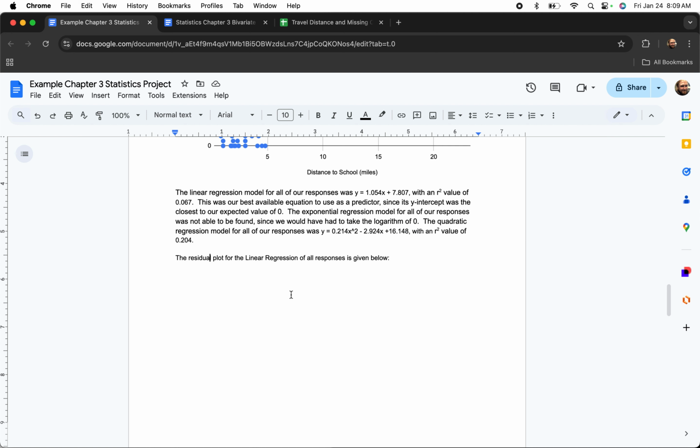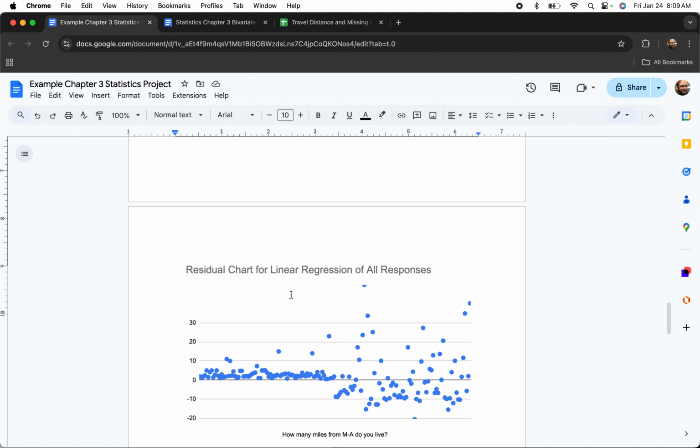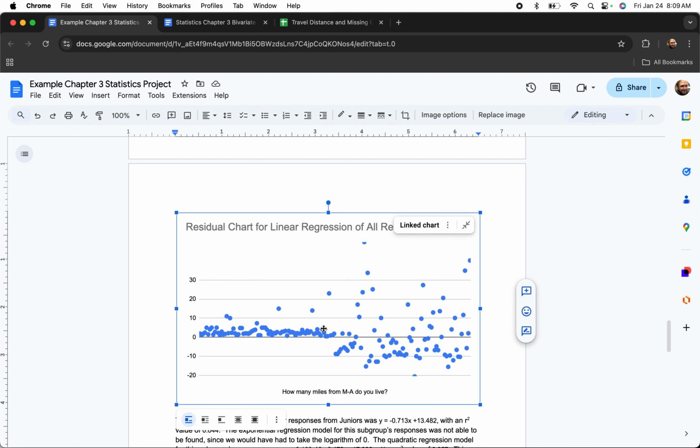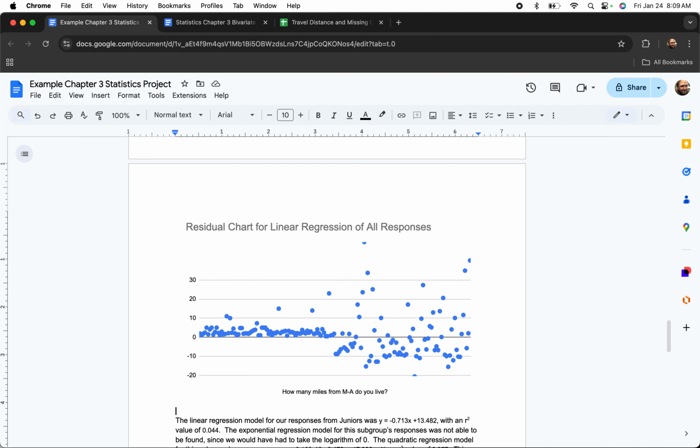The residual plot for the linear regression was given below. Again, this is what my plot originally looked like. I might need to go back and change it to the photo that I've taken. I should also add the residual plot for the quadratic regression.